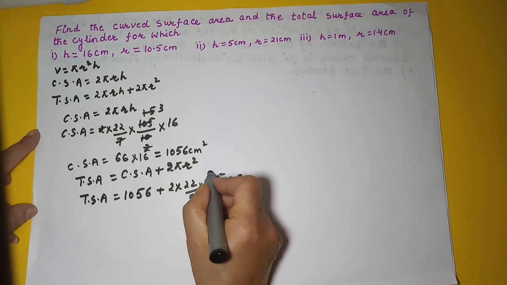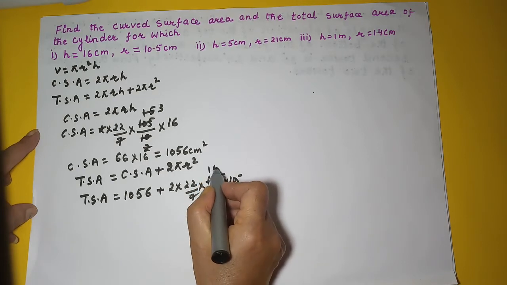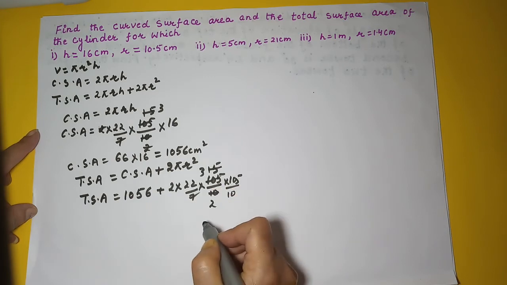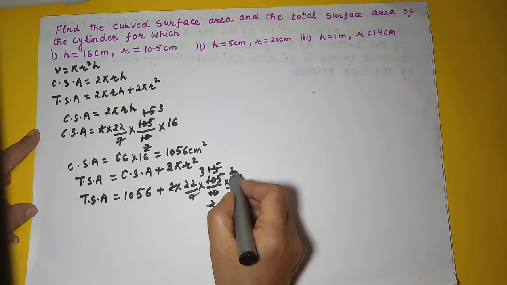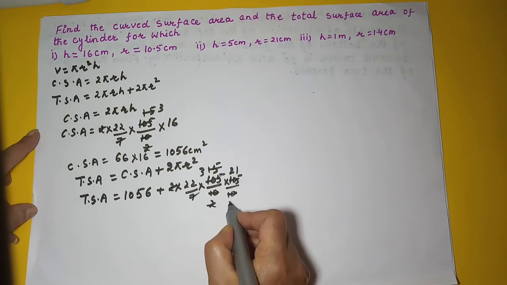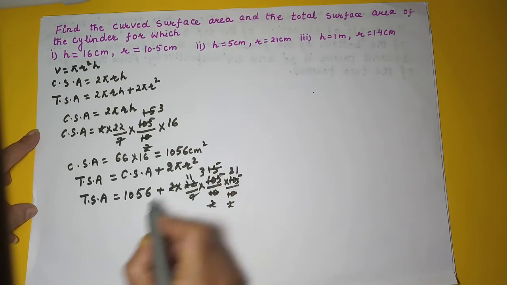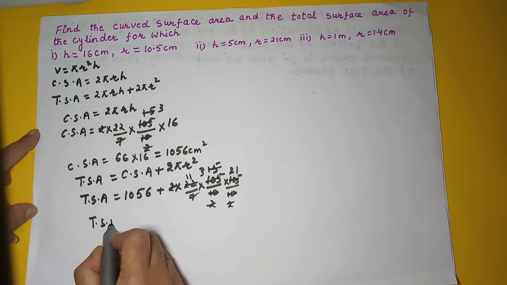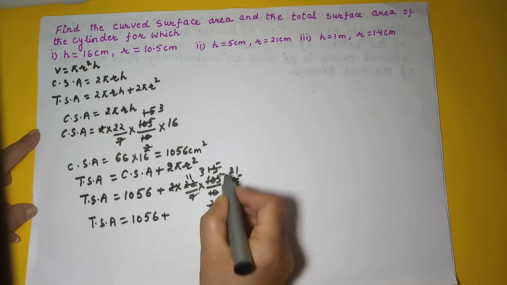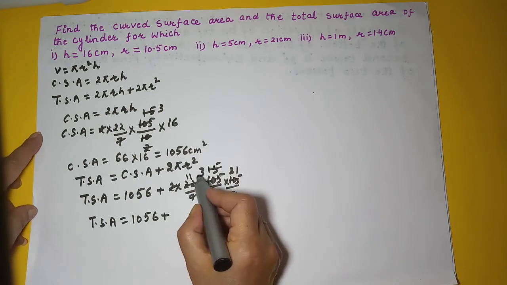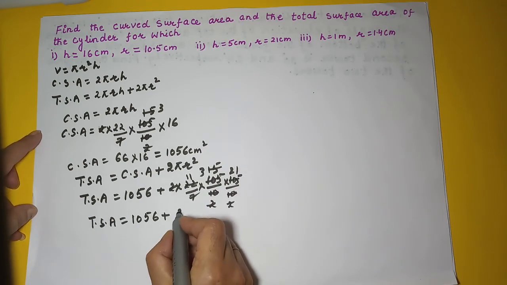So 7 ones are 7, 7 fives are 35, 5 threes are, 5 twos are. 2 and 2 will go, and here also 5 twos are, 5 ones are, 5 twos are, 2 11s are. So our total surface area is 1056 plus, this becomes 33 into 21.